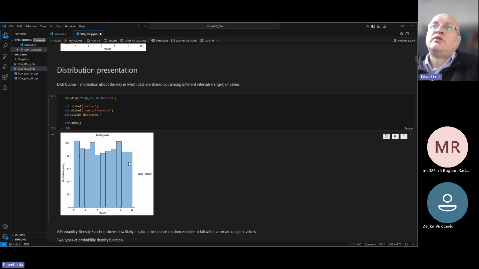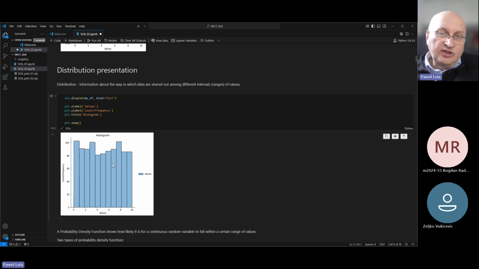Here we have a continuous random variable. It means that any value from this range between minimum and maximum points can be assigned to this variable, any value from this range.